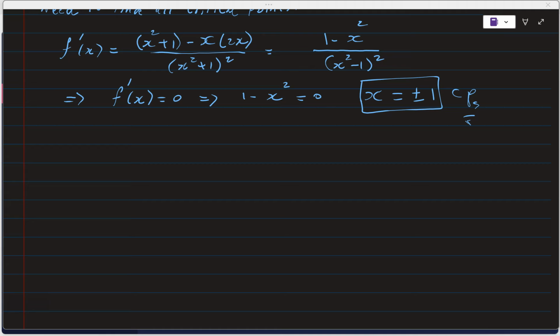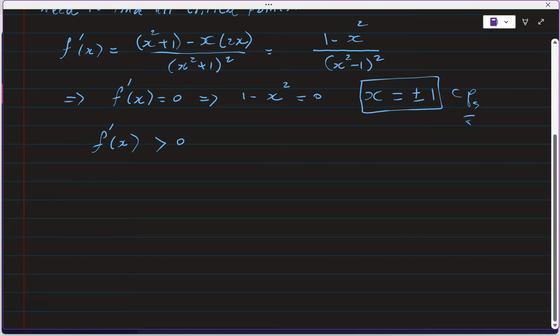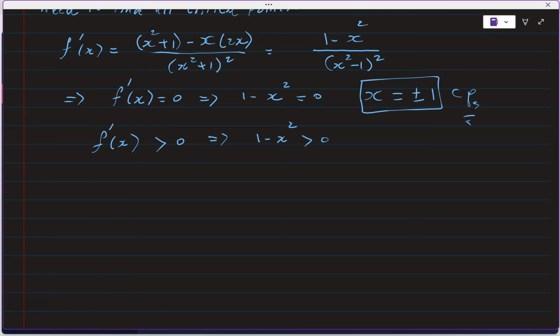Now we need to find out when f prime of x is greater than 0. That means, looking at the numerator, 1 minus x squared will be greater than 0. You have to solve this quadratic inequality, and when you do that, the first answer is x between -1 and 1, and when that happens, f prime of x, the first derivative, is greater than 0.